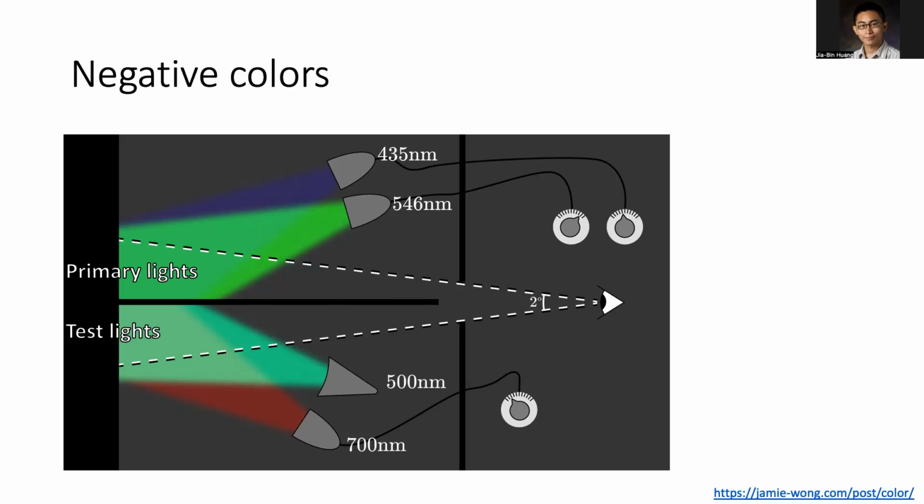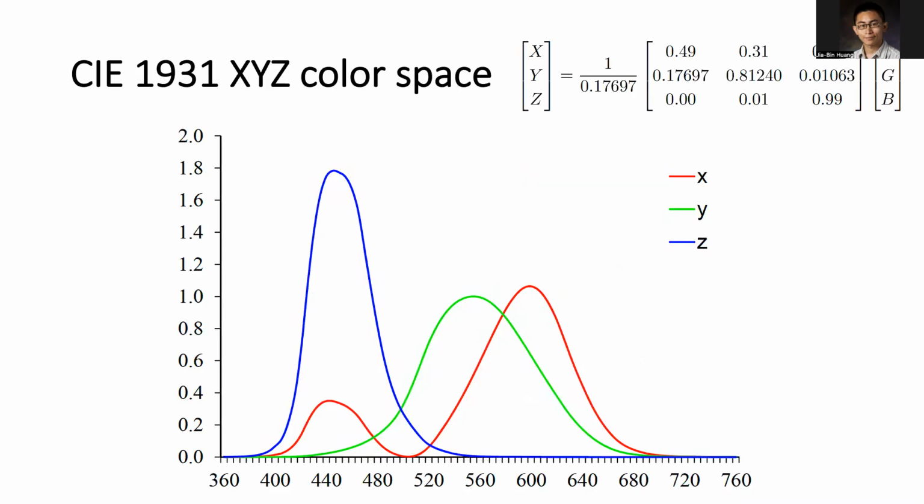Okay, and this is the concept of CIE XYZ. So what we do is you take the RGB and you do some linear combination of that, so that now everyone is happy, right? And now for every single wavelength, you'll be able to find a combination of X, Y, Z light. Okay?